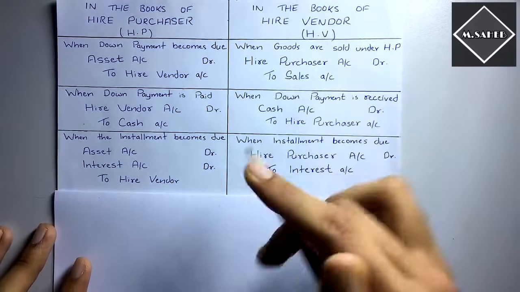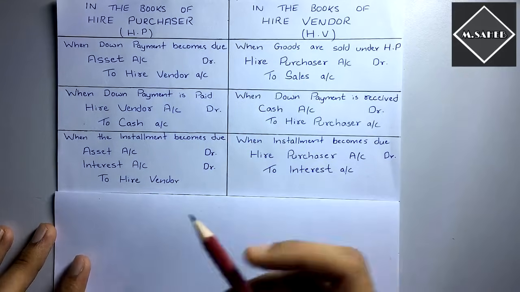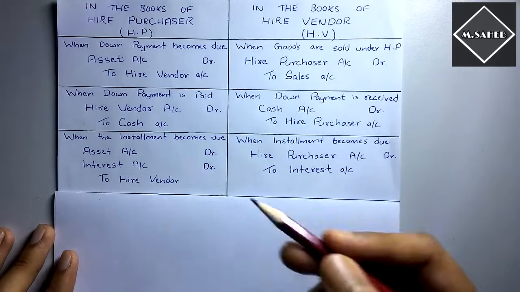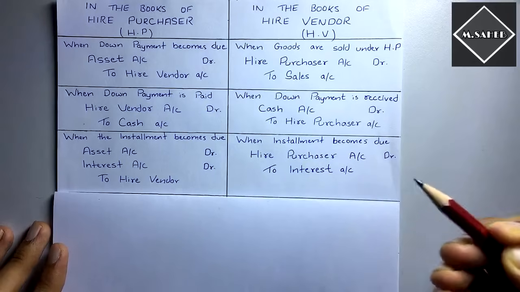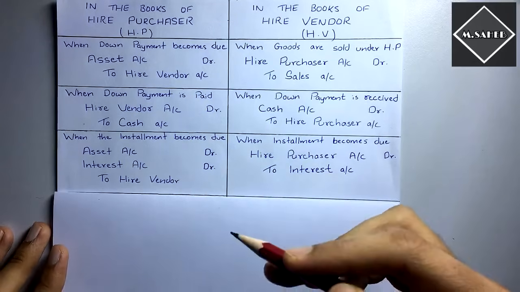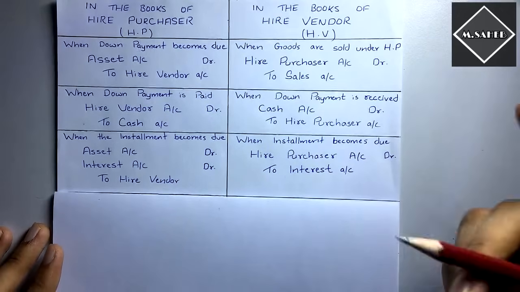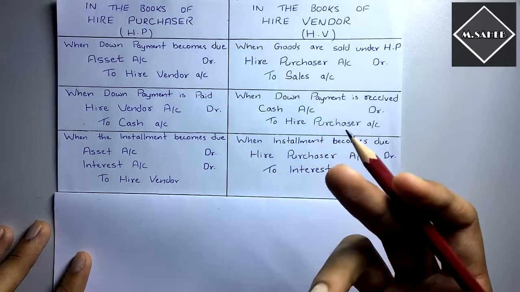It's a combined entry. Asset account debit, as the value of the asset is increasing because you are paying. Interest account debit, because we debit all expenses and losses. Interest is being paid over here, so it is an expense. So we debit all the expenses. To whom is it paid?